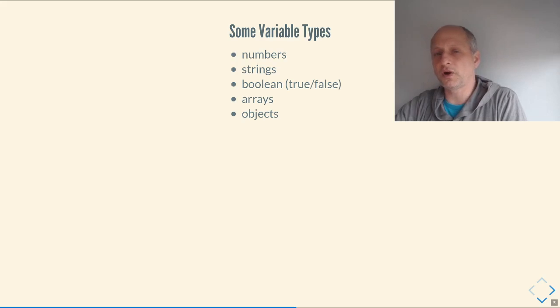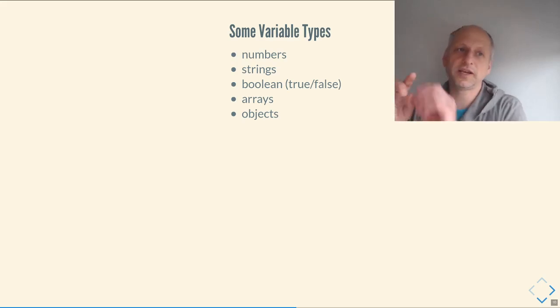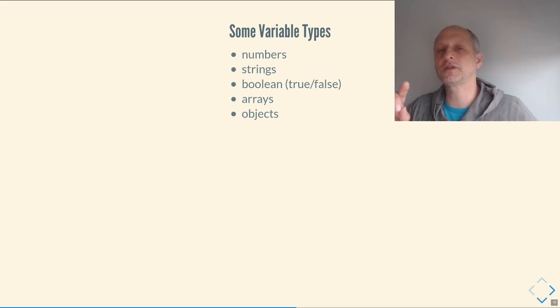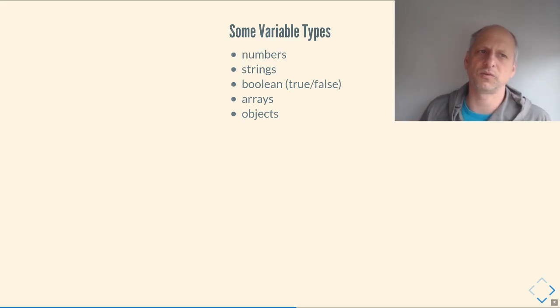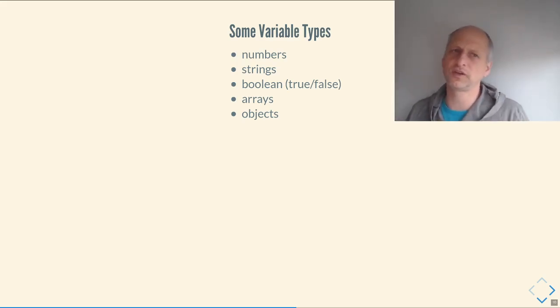Some variable types are numbers, which can be integers or decimal values. Strings, which are collections of characters that have been strung together. Booleans, which can only take the value true or false, whereas strings are defined inside quotes, single or double quotes, or backticks.